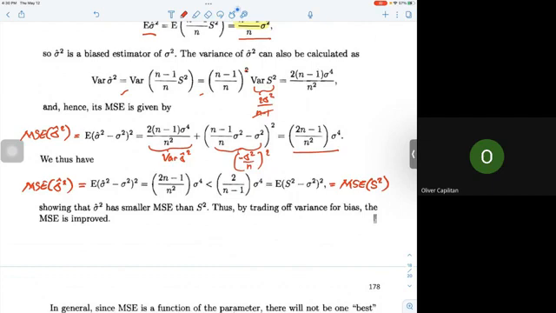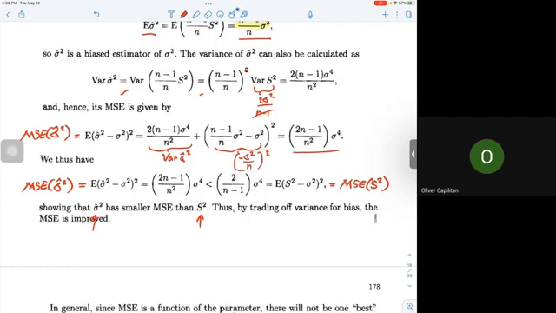This shows that the estimator sigma square hat has a smaller MSE than the estimator S square. S square is unbiased, while sigma square hat is a biased estimator. So thus, by trading off variance for bias, the MSE is improved.